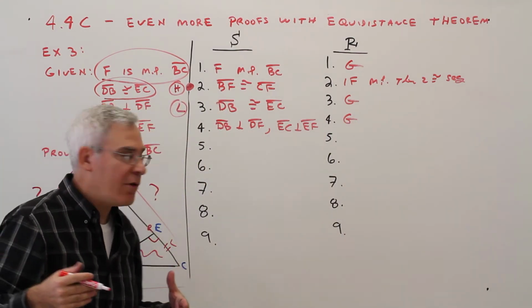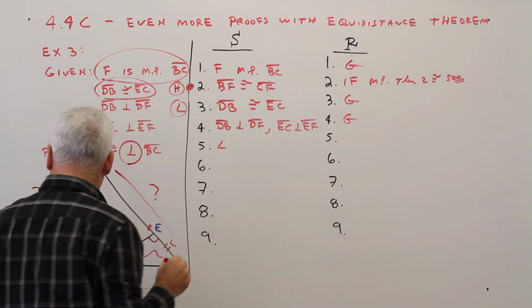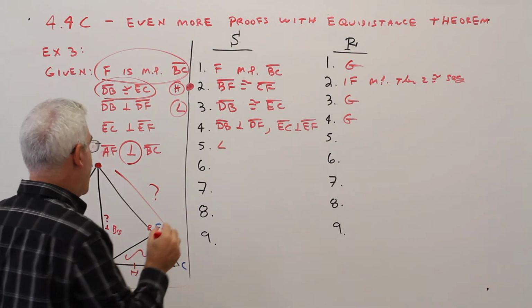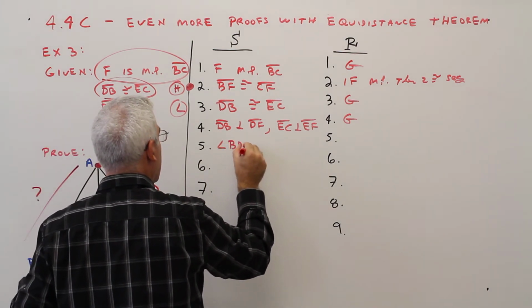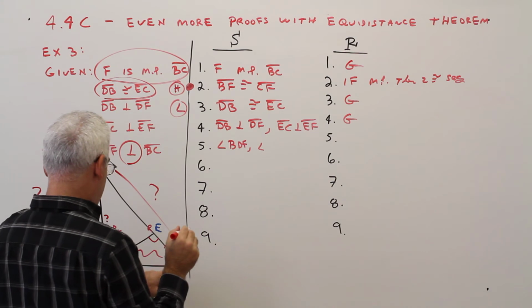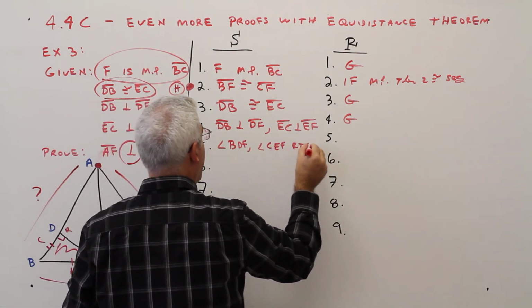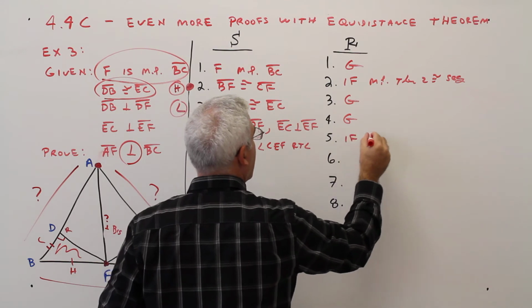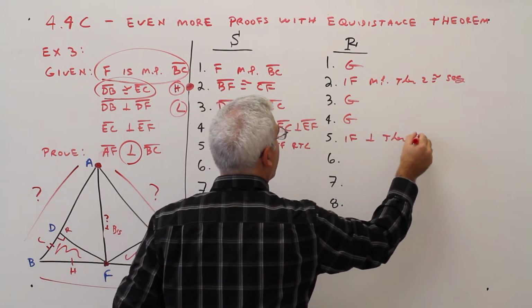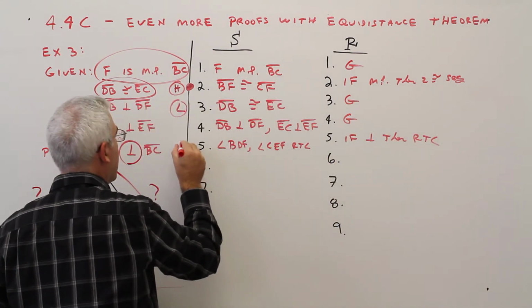Then I'm going to establish the right angles. So angle, I'll just go BDF, and angle CEF are right angles. If perp, then right angle.